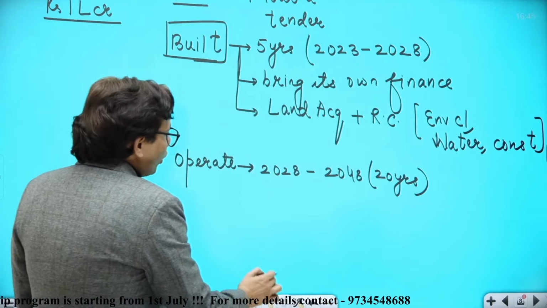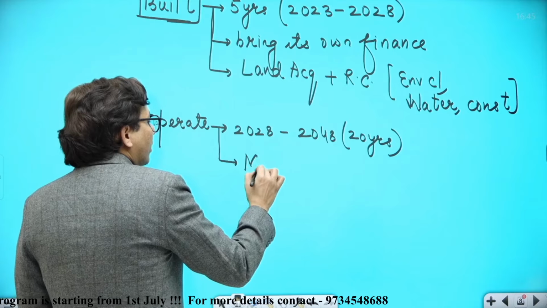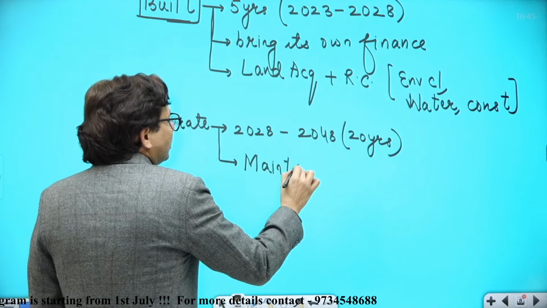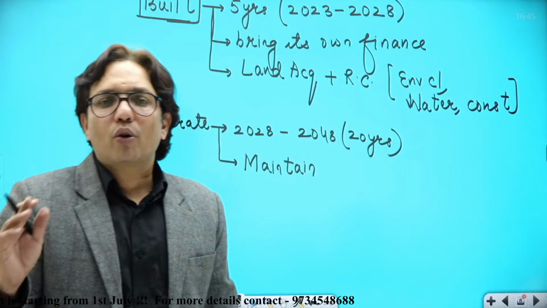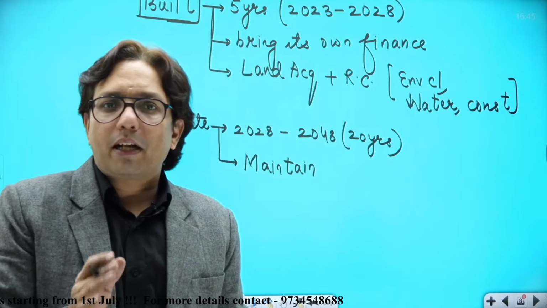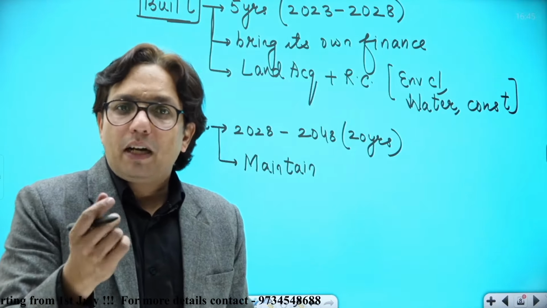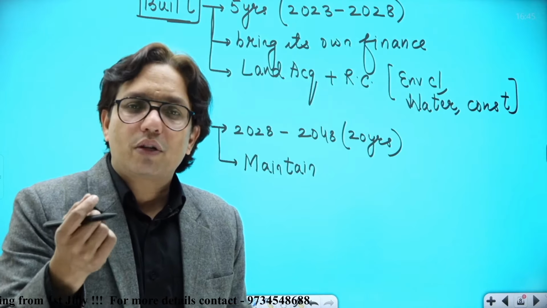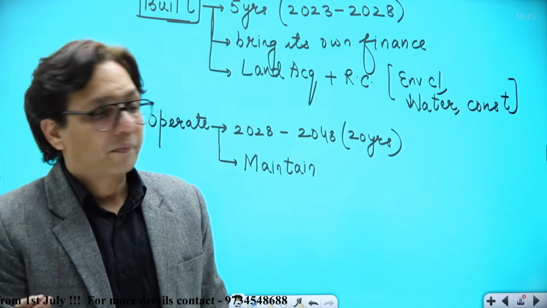It would not only operate it, it would also maintain it. Generally what we say is, when we see government roads, those government roads are constructed by a private party but are maintained by the government. Here what happens, the party which is building the expressway would also have to take care of the maintenance of the expressway for the next 20 years.